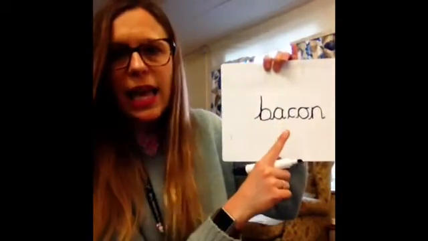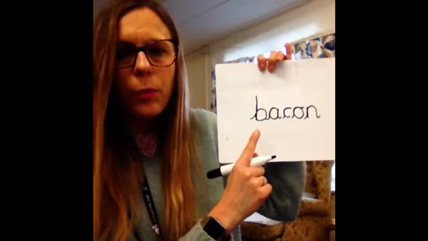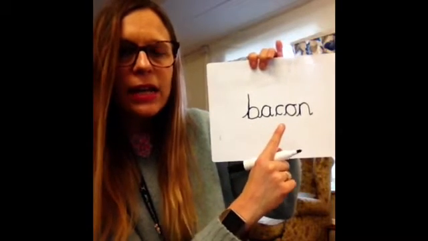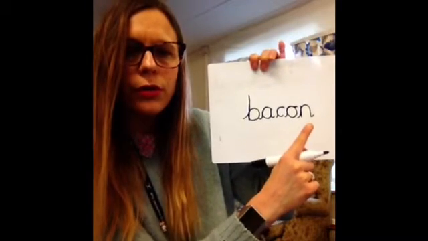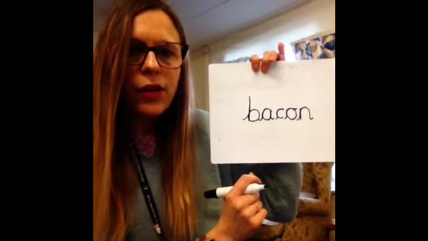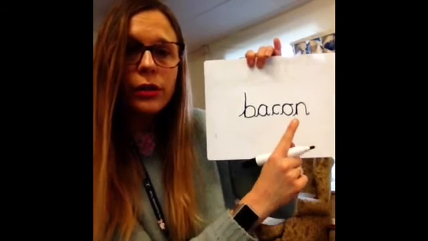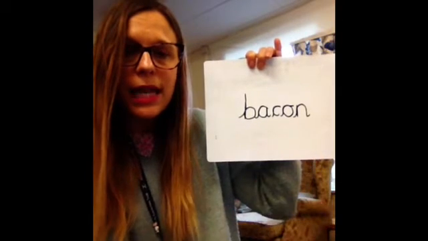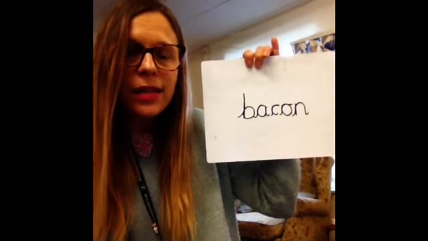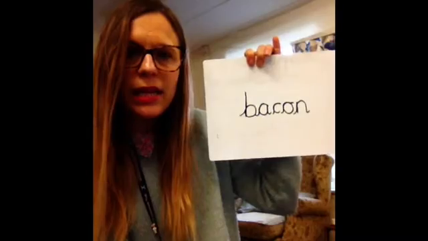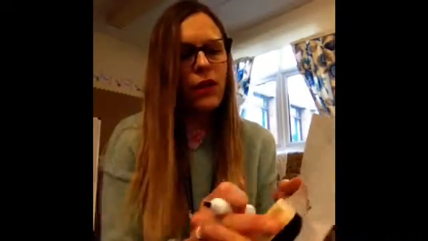So we're doing it with the A pronunciation. So we've got B, A, K, O, N. Let's try that again. Big loud voices. B, A, K, O, N. Then we blend it back together. Bacon. Fantastic. That yummy bacon that you might have in a sandwich or in a big fry up at the weekend for your breakfast or even for your tea.